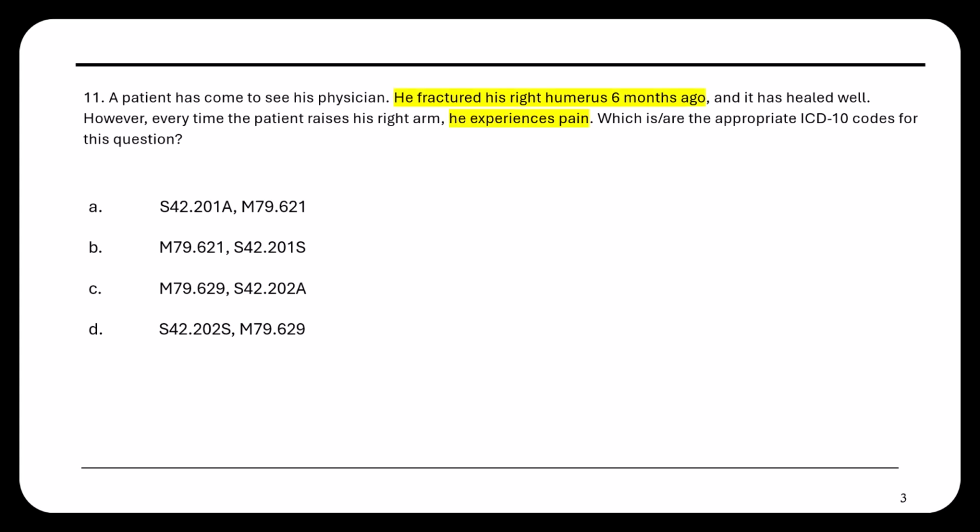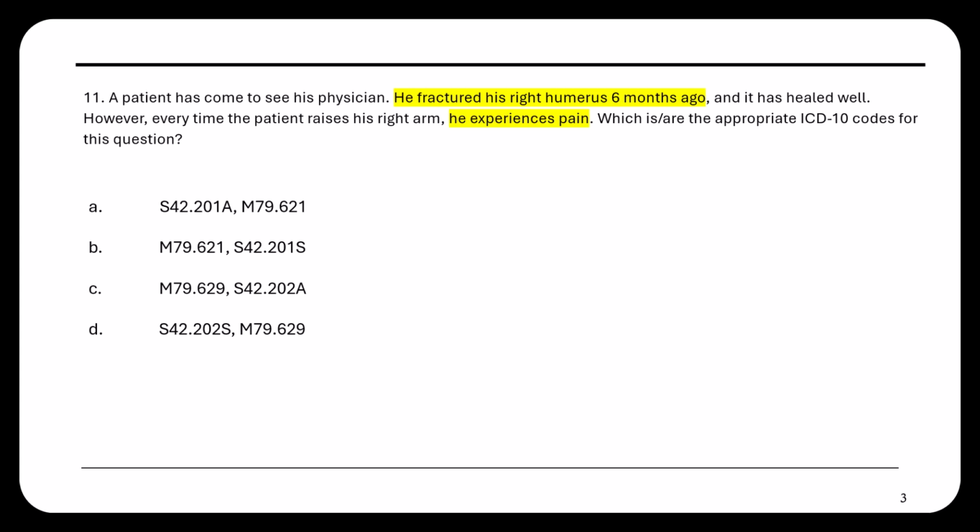He fractured his right humerus 6 months ago and he experiences pain. So he's here for pain. Now, yes, it's due to the fracture, but the fracture is old. The first thing I would do is look at these codes. I'd go into the S codes and look to see what that seventh character means.